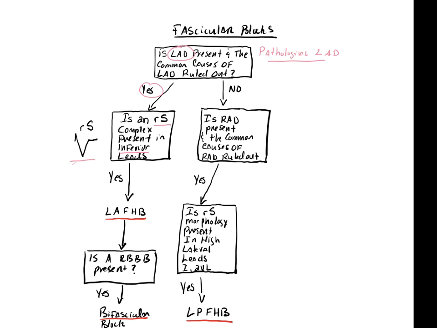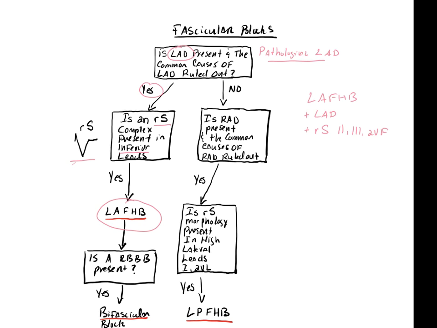If the answer to that is yes, your patient has a left anterior fascicular hemiblock. So left anterior fascicular hemiblock, okay, presents with left axis deviation and a little r, big S complex in leads 2, 3, and aVF. You guys cool with that? Make sense?